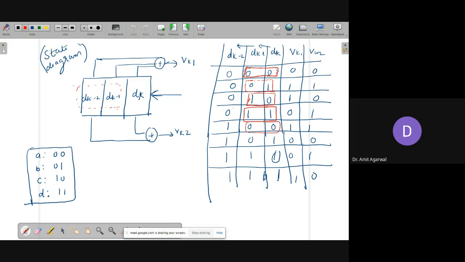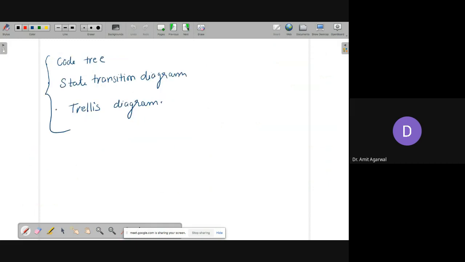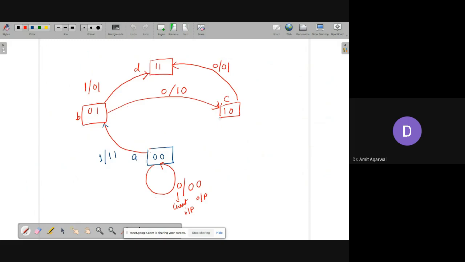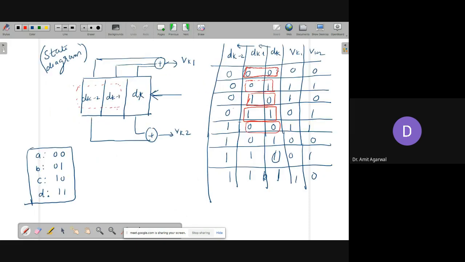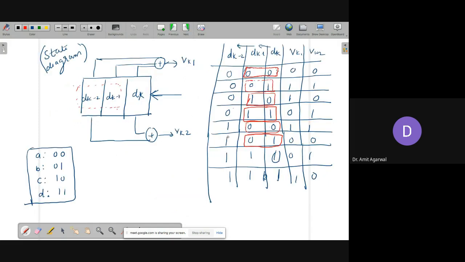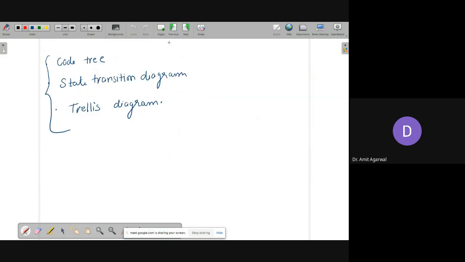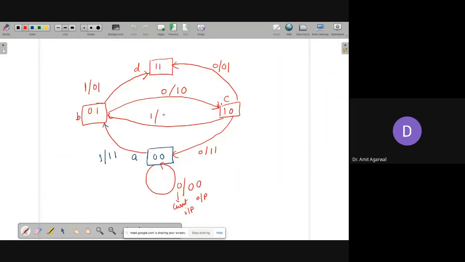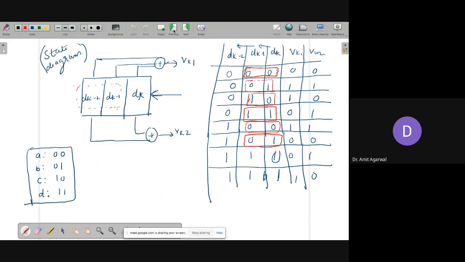You are in 10 and 1 comes, your next state is 00 and the output is 11.